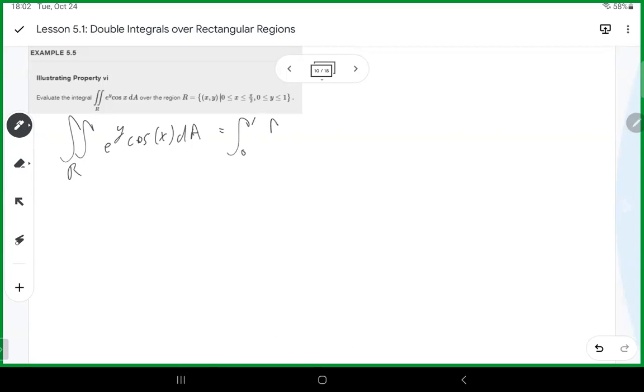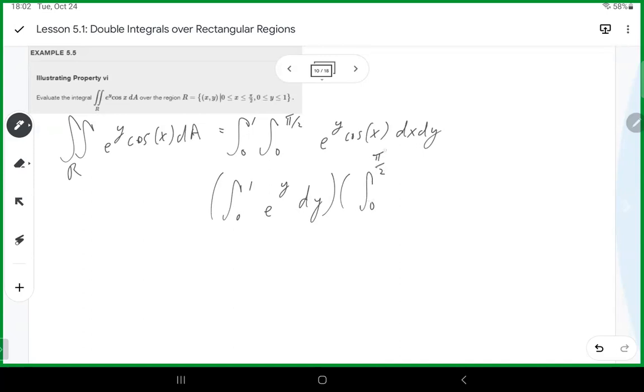We're going 0 to 1 and 0 to pi over 2. E to the y cosine x dx dy. I have too many parentheses.